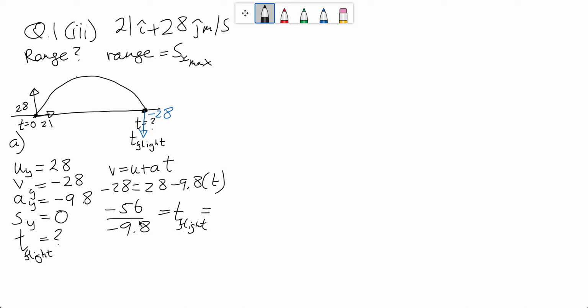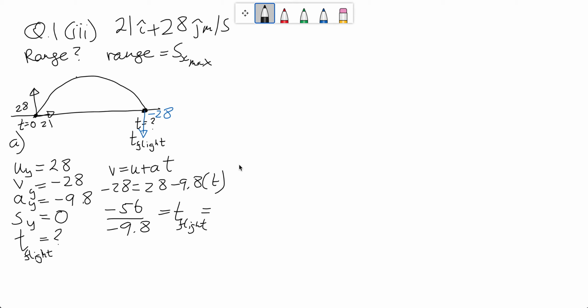So the time of flight is minus 56 divided by minus 9.8, which works out to be 5.7.